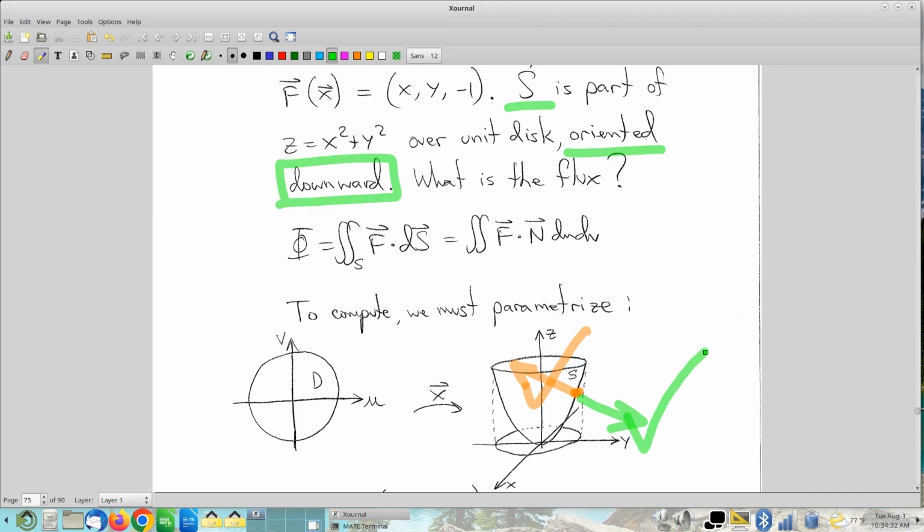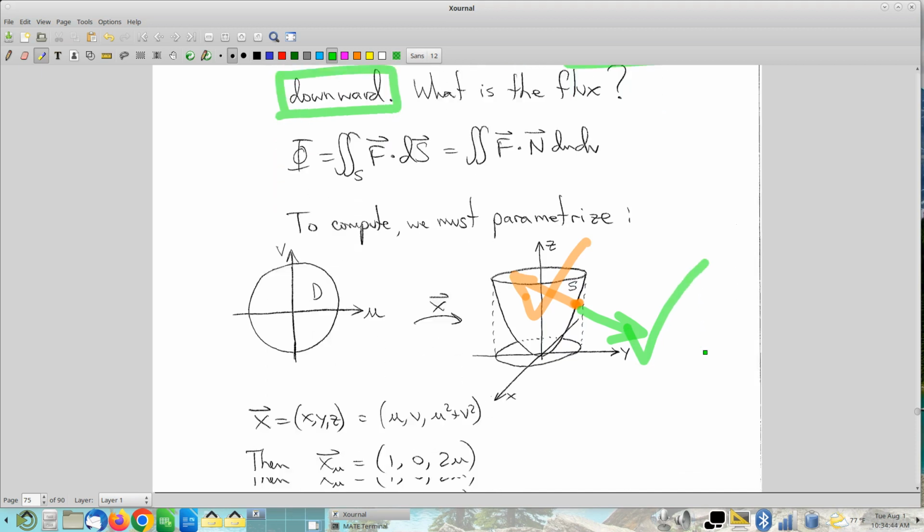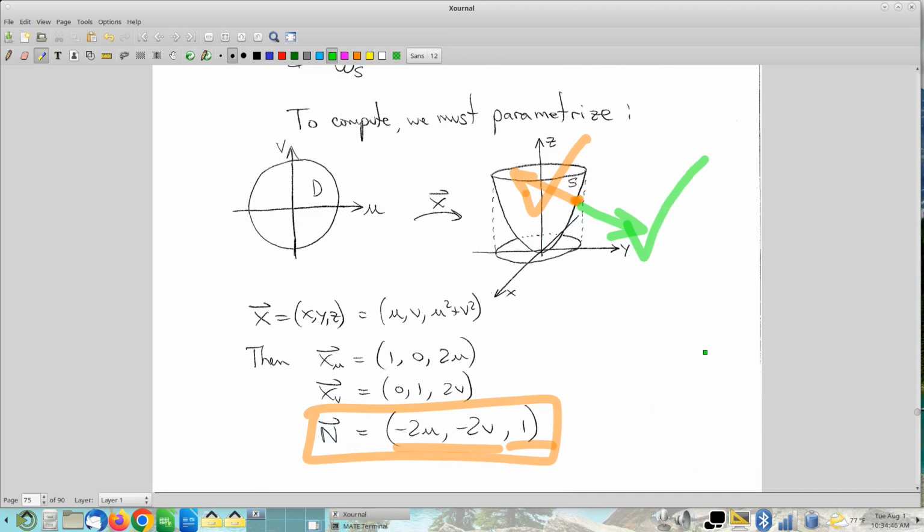That's the orientation I was supposed to use. That's what's supposed to be the direction through this surface that I consider the positive. That's what I was supposed to get for my N vector, and I didn't. I got the opposite one. So I parameterized backwards. I parameterized upside down, you might say.